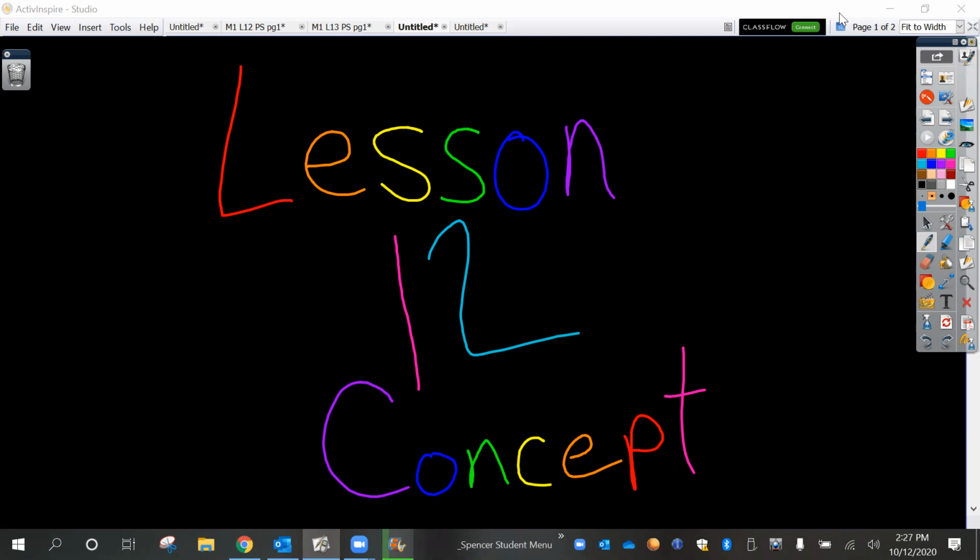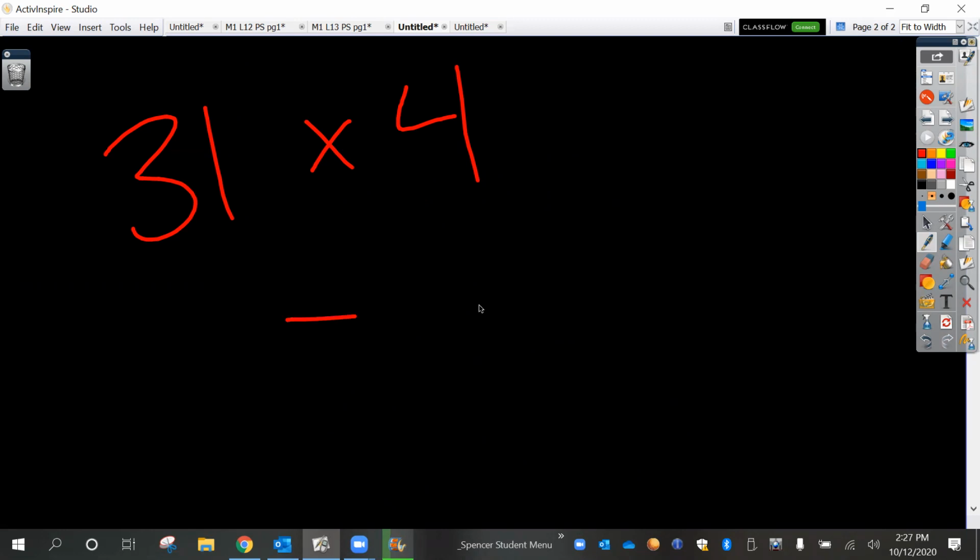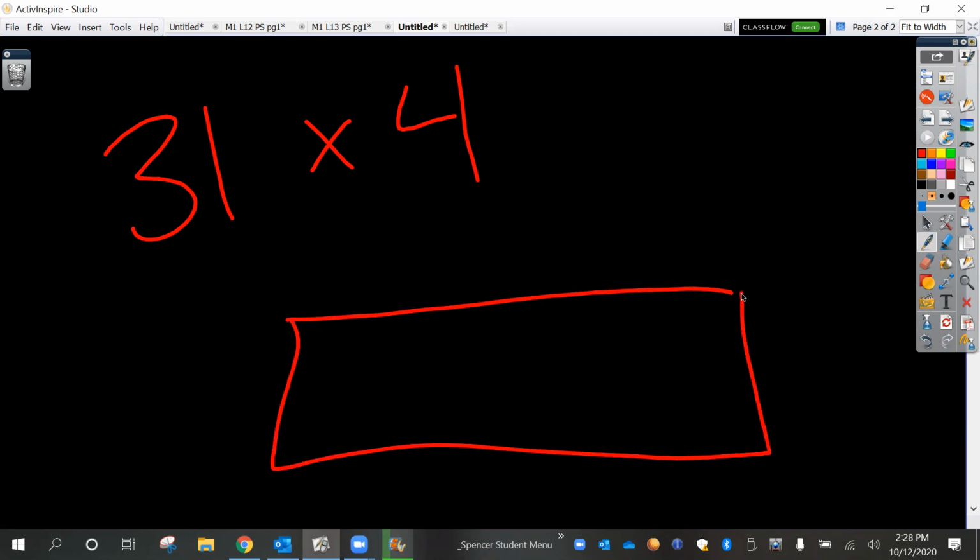So to show you what I mean, let me get a pen color that will actually show up. 31 times 4. So we're doing whole numbers first. 3 tens, 1 one, times 4. So I'm going to quickly give myself an area model for this.